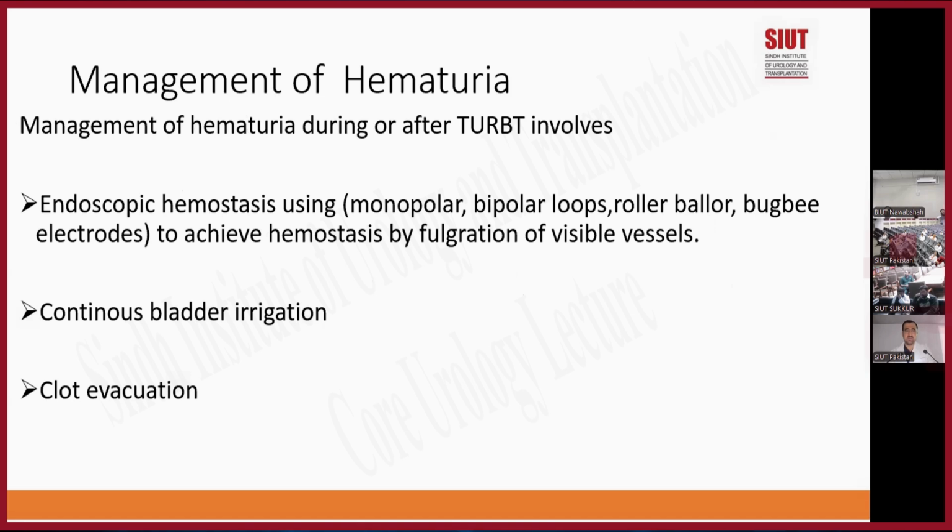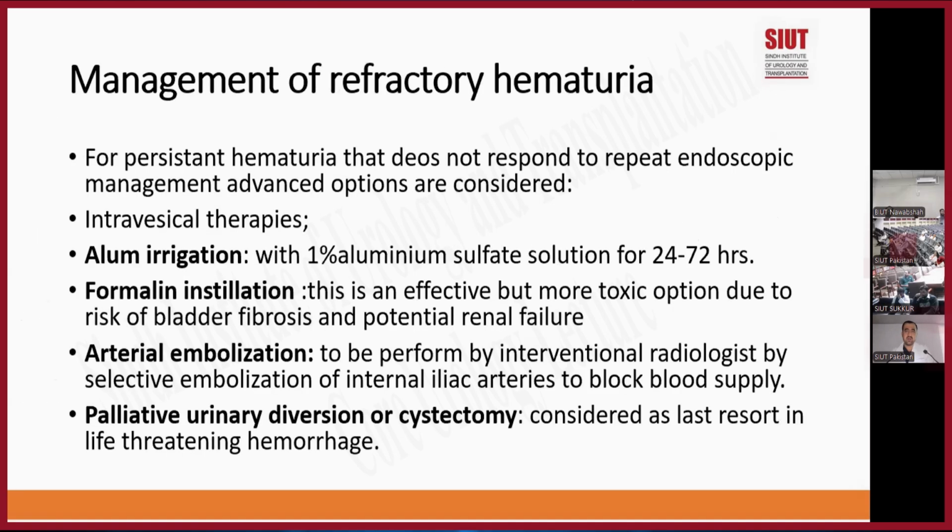Management of hematuria. Management of hematuria during or after TURBT involves endoscopic hemostasis using monopolar or bipolar loops to achieve hemostasis by fulguration of visible vessels, continuous bladder irrigation, or clot evacuation. Management of refractory hematuria: for persistent hematuria that does not respond to repeat endoscopic management, advanced options are considered, like alum irrigation with 1% aluminum sulfate solution for 24 to 72 hours.